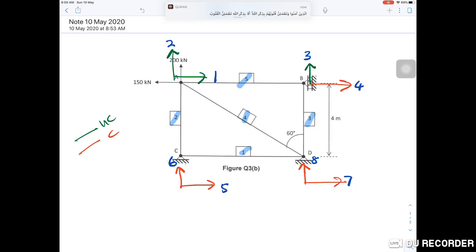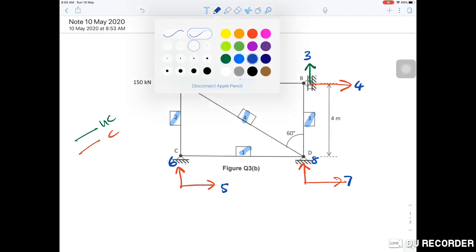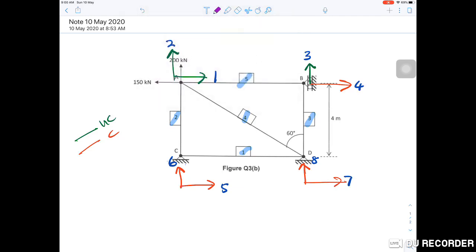Okay, and then the next one is I need to put the arrow. Okay, this direction and this direction, and this direction, and one more element is here.